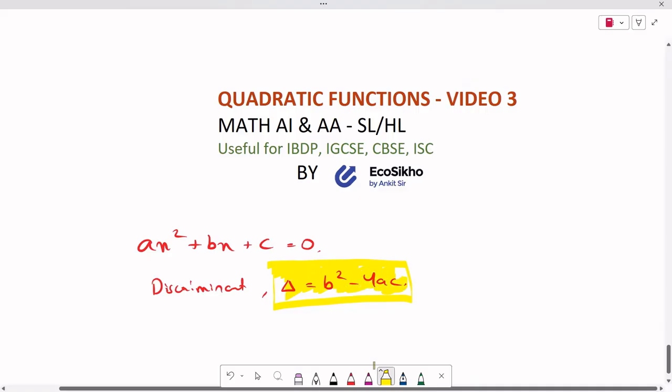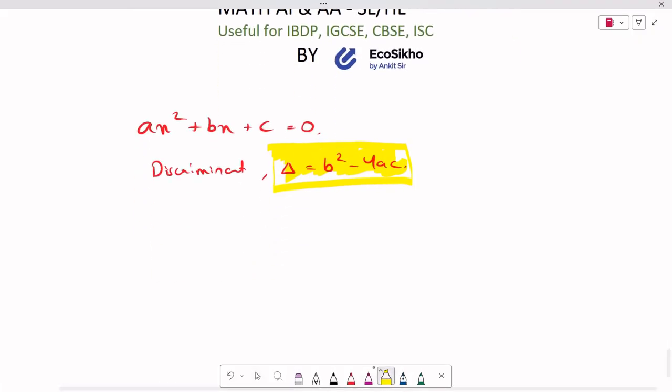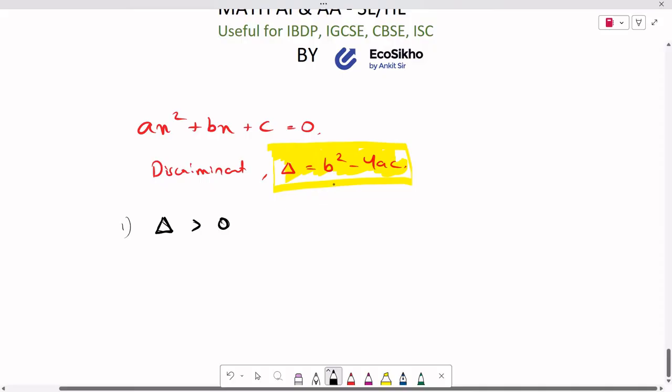It is an important concept because it helps me determine whether the parabola is cutting the x-axis or not. The discriminant tells me about the relationship between the graph of a function and the x-axis. If the value of the discriminant is greater than 0, the parabola cuts the x-axis twice.